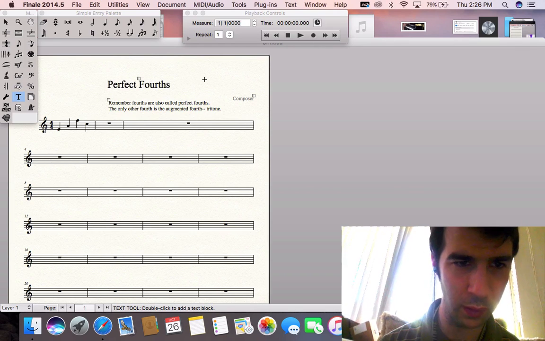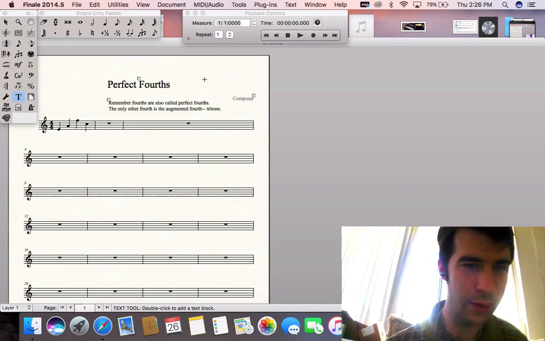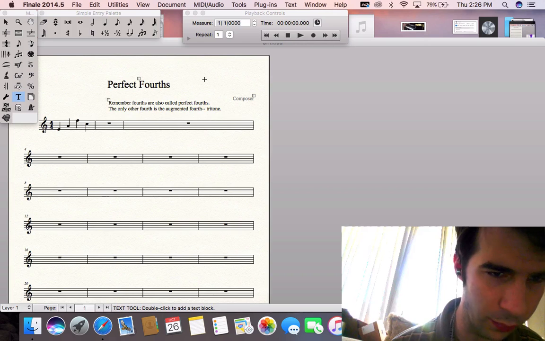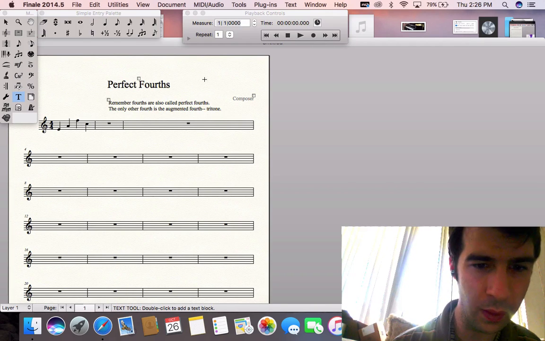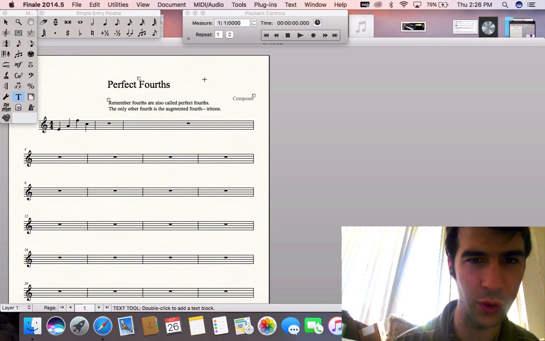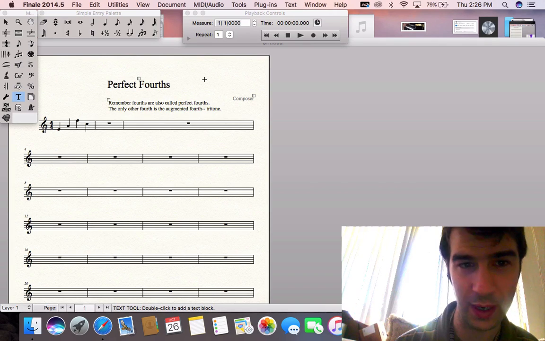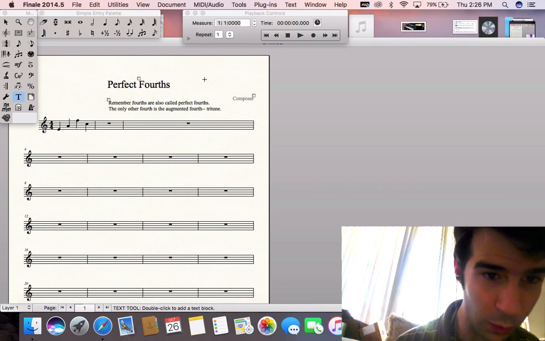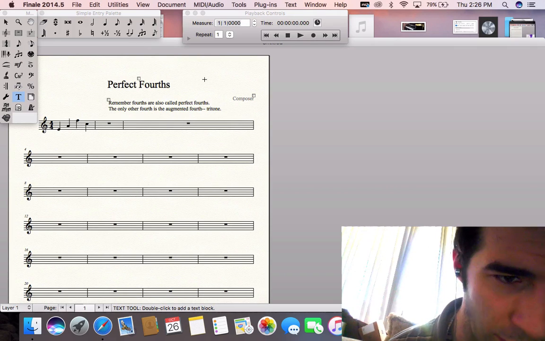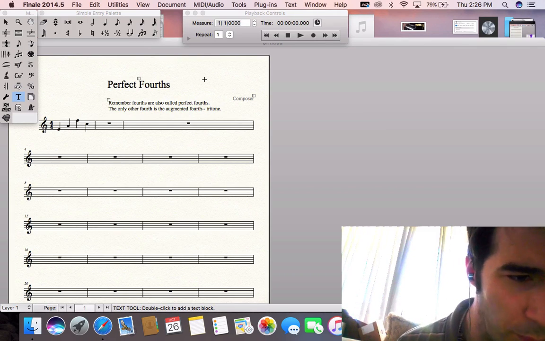Perfect fourths are called perfect because there's no dissonance between them. There's no friction between them. They're wide open. They're broad sounding. A lot of times you hear medieval music that has perfect fourths and perfect fifths in it, but for this case, perfect fourths is a good example.